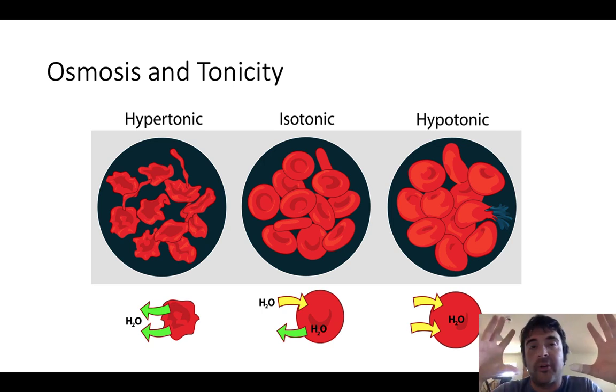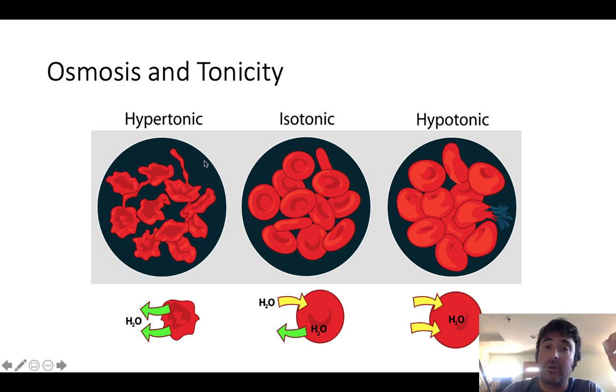A cell does not have a tonicity comparative to a solution, because by definition, tonicity refers to what a solution will do to the size and shape of a cell that's put in that solution. So the cell can't do anything to the size and shape of the solution, but the solution can certainly influence the size and shape of a cell. So we say solutions have certain tonicities.